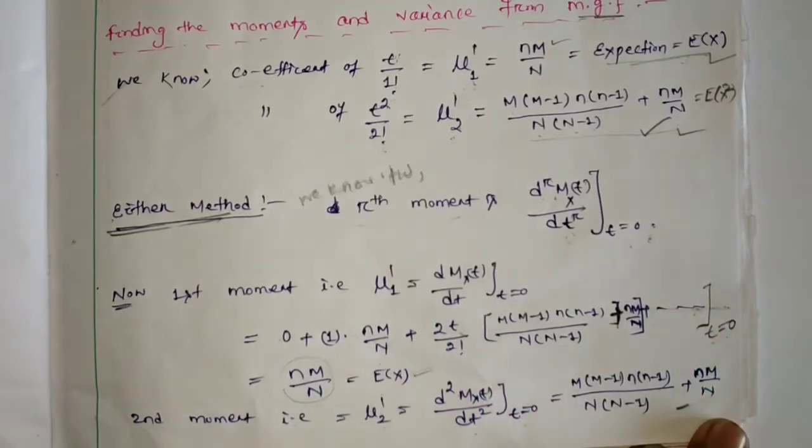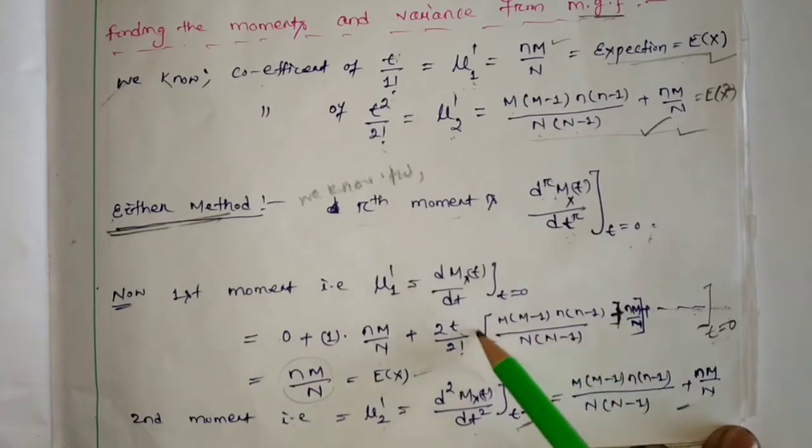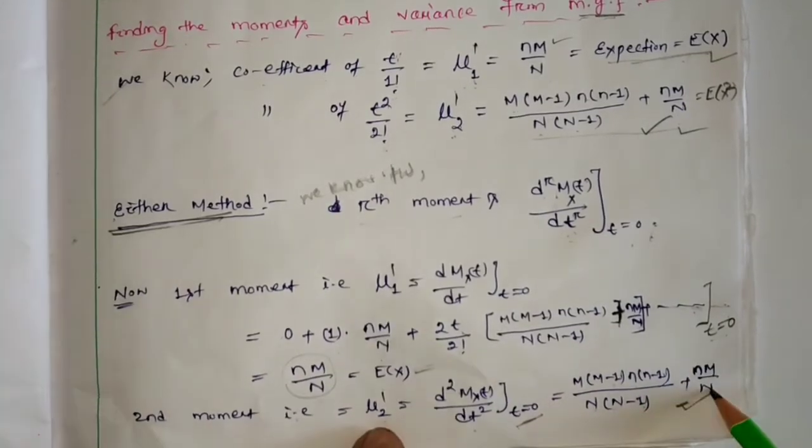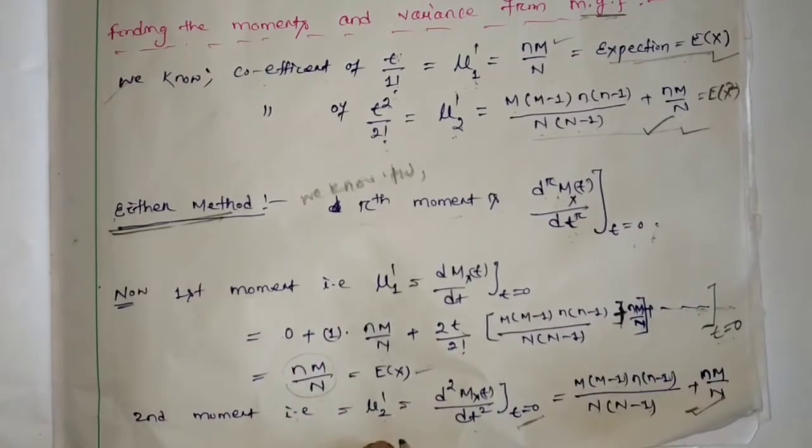So after the derivative, if I put t equal to 0, then I only get this term, that is m into m minus 1 n into n minus 1 by N into N minus 1 plus n m by N, that is your second moment, which is E of capital X square.